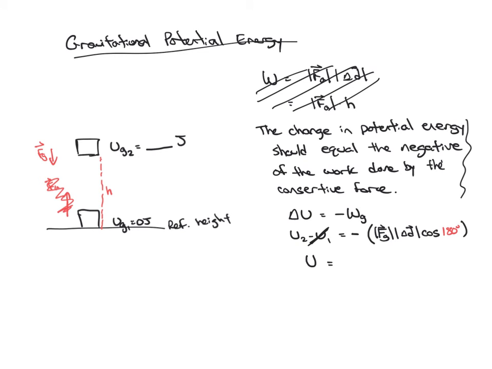Fg is mg, and the displacement is equal to the height that we lifted the thing. And this is why mgh ends up being the formula we use for the gravitational potential energy of an object. It is heavily reliant on this criteria here.